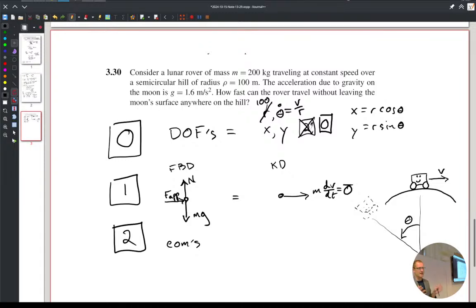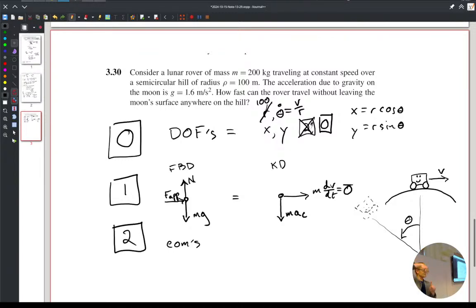But force applied, we kind of lumped it all into force applied, the total. Something maintains speed, but we don't know what it is. Centripetal acceleration. Some kind of centripetal acceleration, right? Because we're moving on a curve. So we need something telling us m times that centripetal acceleration, because we're moving along that curve.